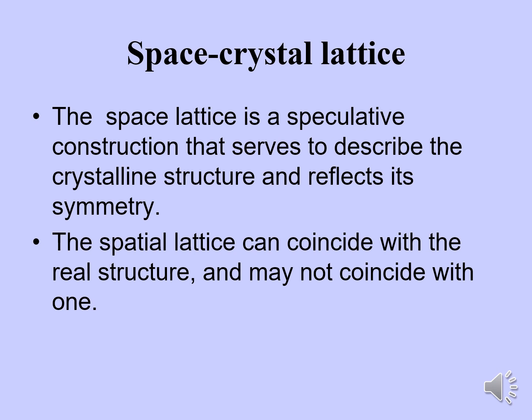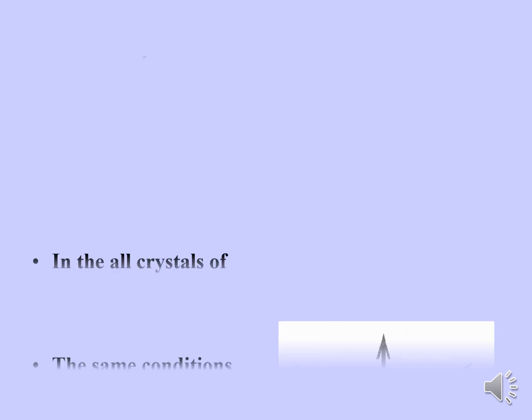It is necessary to remember that the space lattice is a speculative construction that serves to describe the crystalline structure and reflects its symmetry. And it's very important: the space lattice can coincide with the real structure, but may not coincide with it.